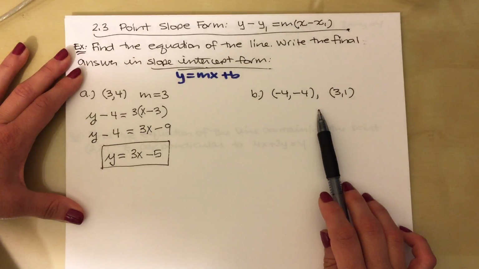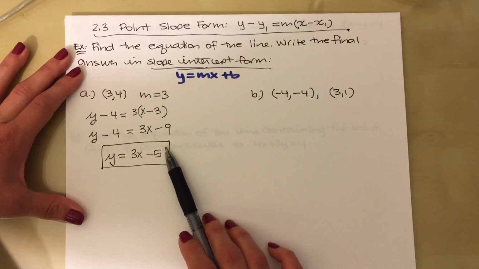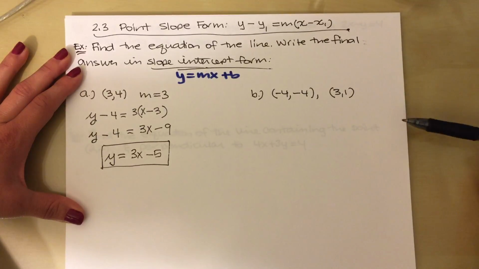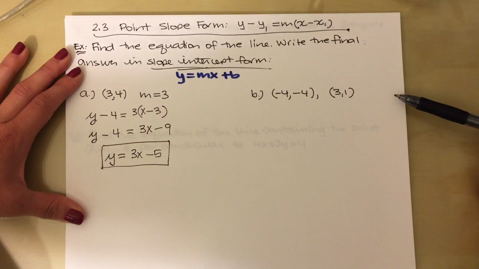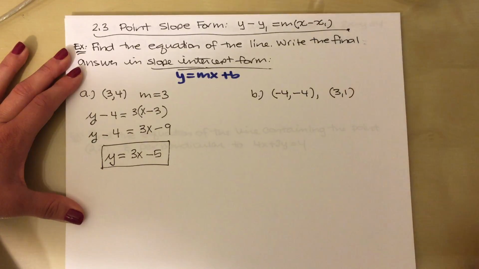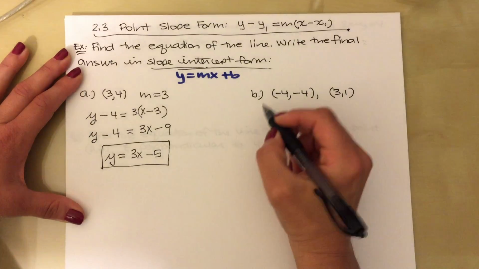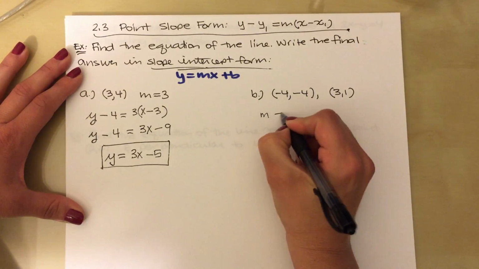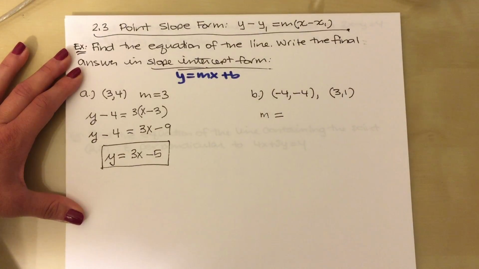So the information given for part B is a little bit different compared to A. We don't have the slope. And so if we're going to use point slope form, we need to calculate the slope, that way we can input it into our equation. So first we're going to find the slope. This is an extra step compared to A. Find the slope using the formula for slope.